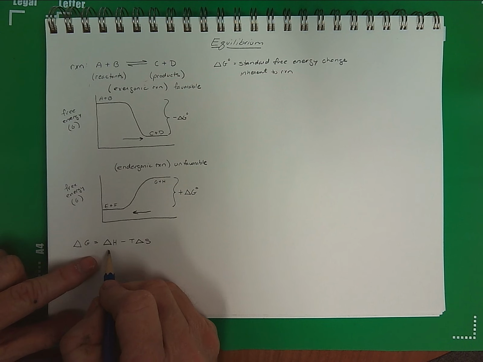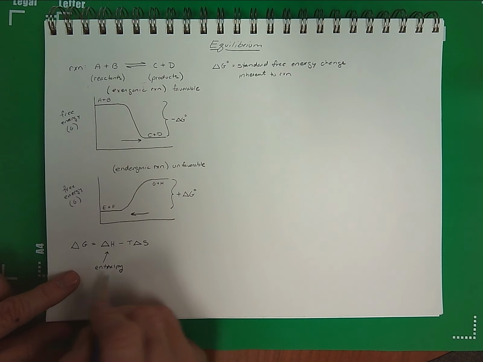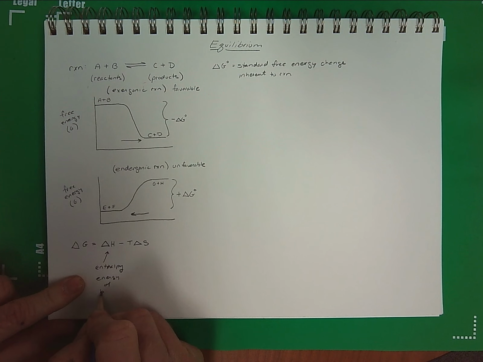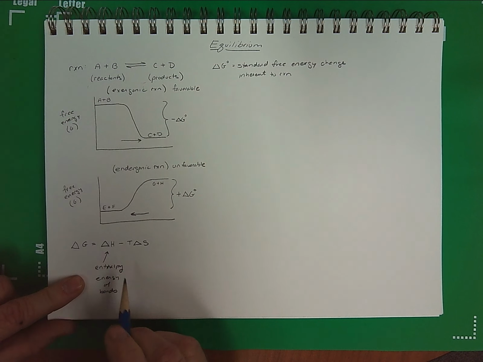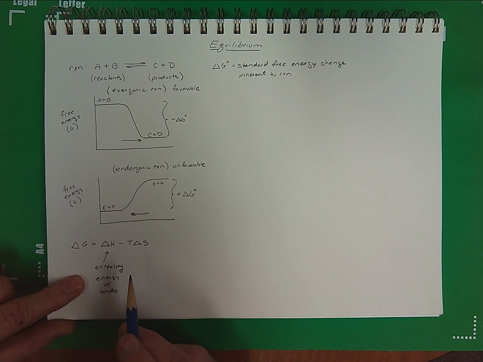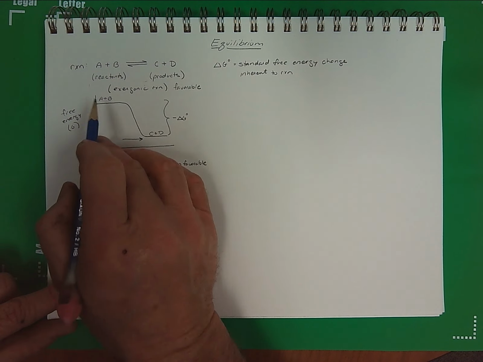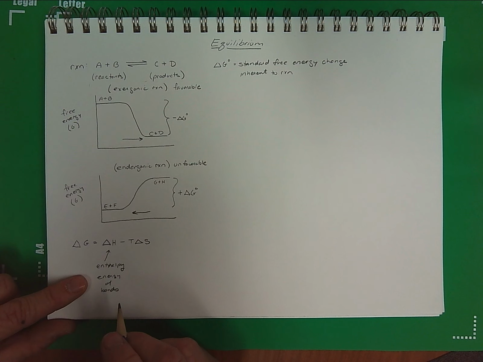Now this first term here is our enthalpy. The enthalpy is the energy of the bonds of either E and F, G and H, A and B, or C and D. So this particular value will be the calculation of energy for the bonds of that chemical species.